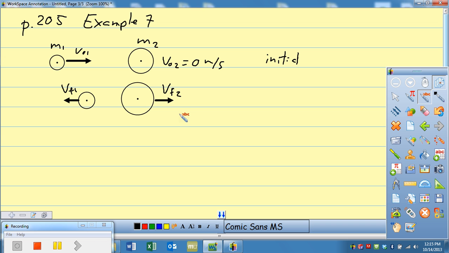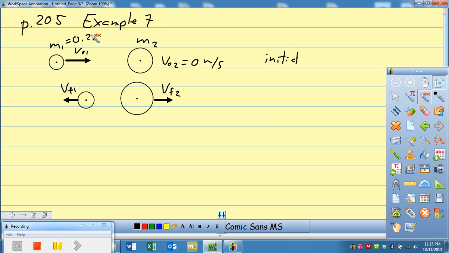So let's see what we're given as information. One ball has a mass of m1 equals 0.25 kilograms, with an initial velocity V01 equals 5 meters per second.